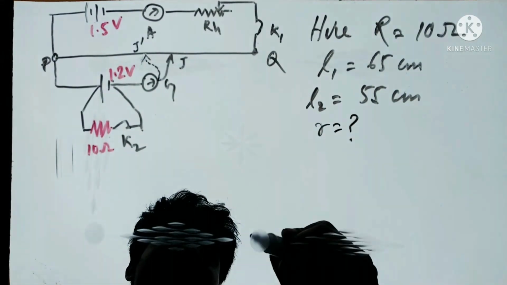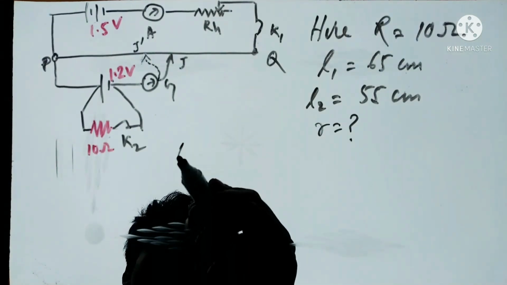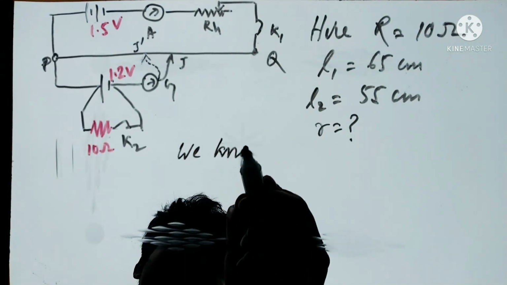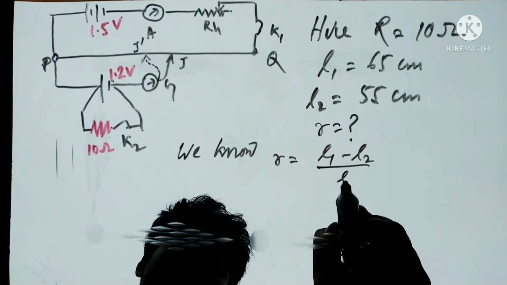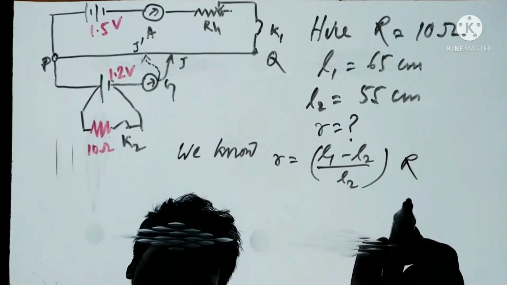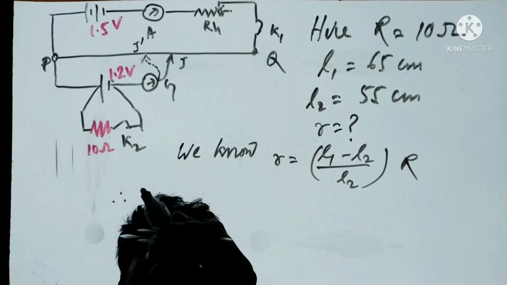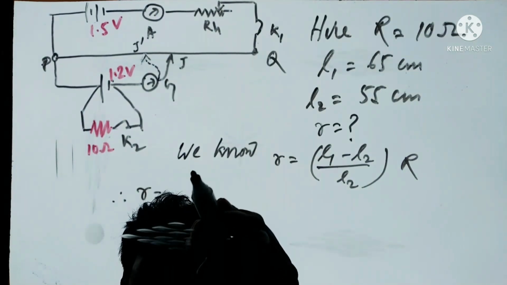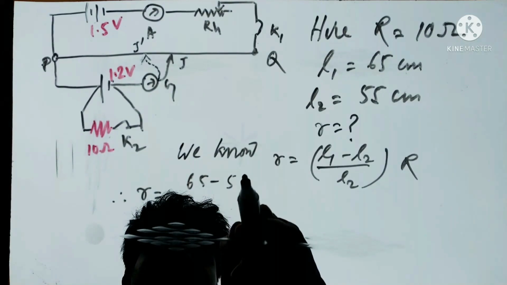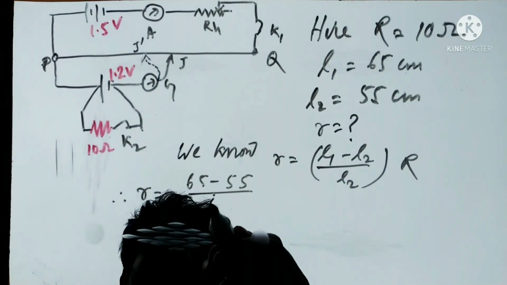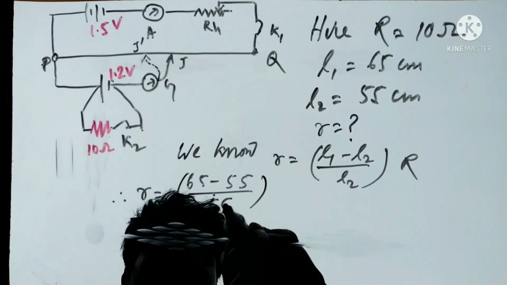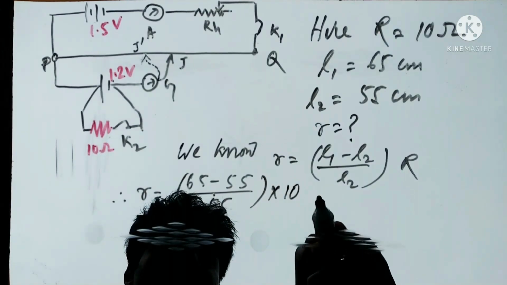We need to find out r, the internal resistance of the cell. We know r equals L1 minus L2 by L2 multiplied with the capital R. Therefore, r equals 65 minus 55 divided by 55 multiplied with 10 ohm.